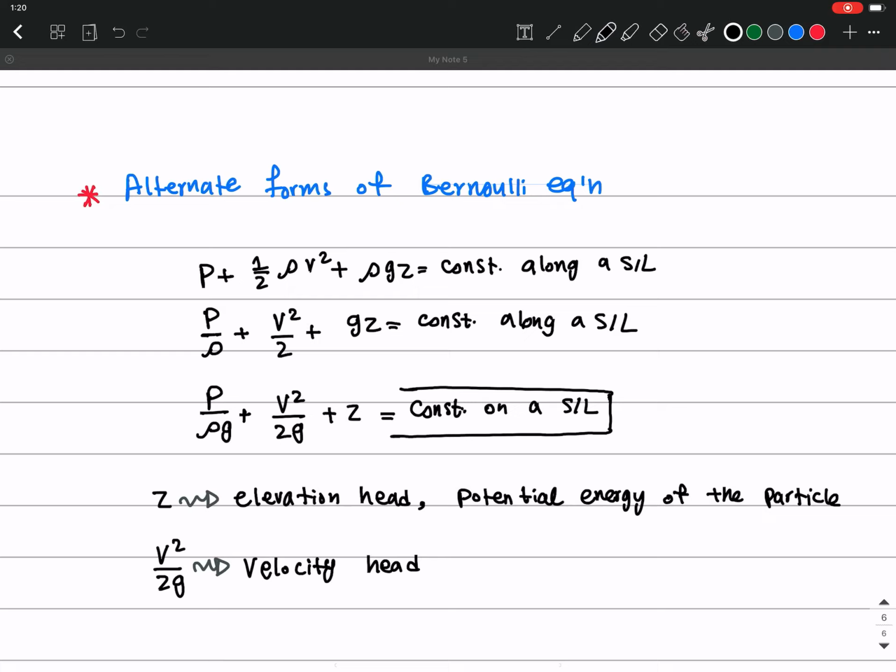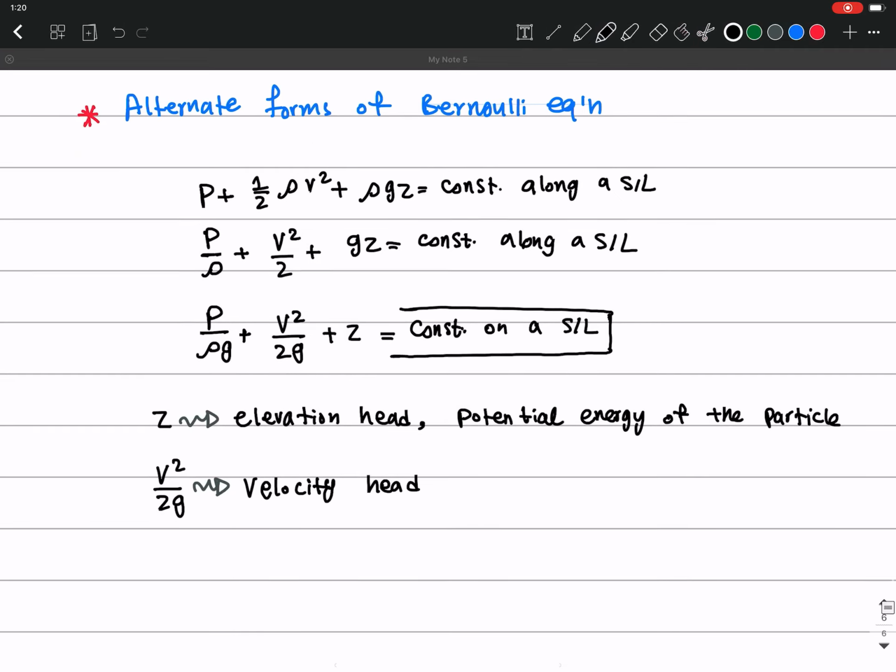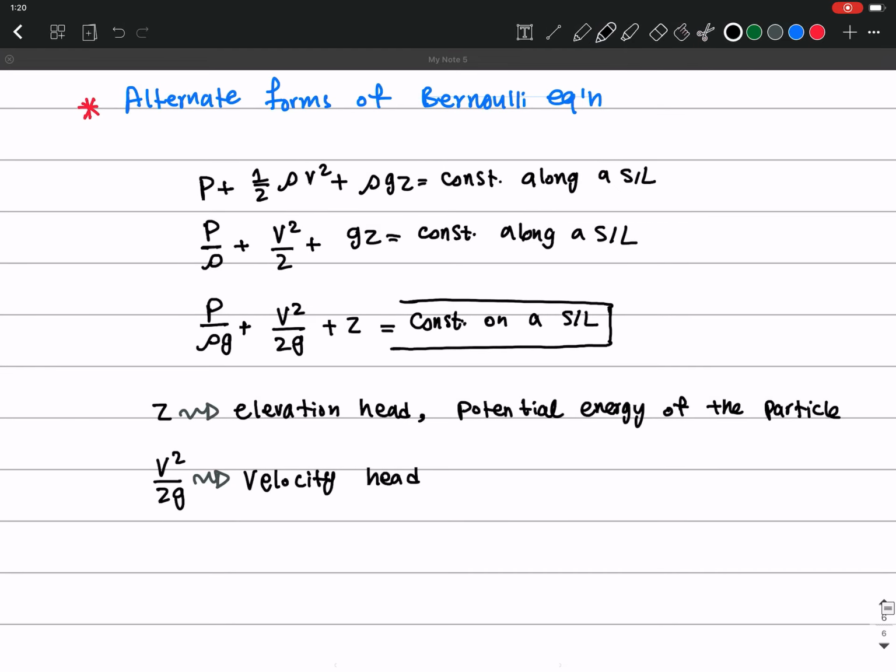So this is the kinetic energy of the particle, okay? And then the last one is P over rho g, which we call pressure head. So velocity head, elevation head, and pressure head.